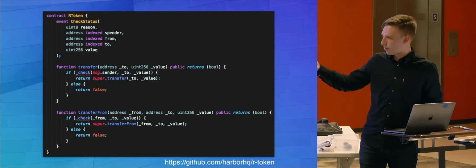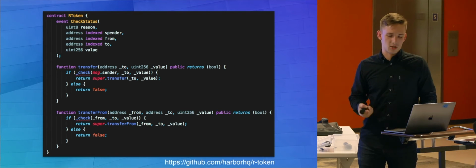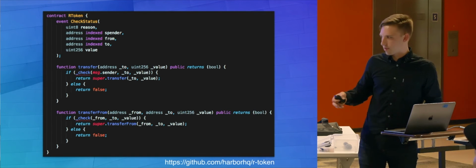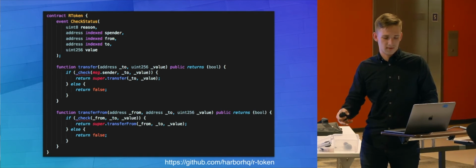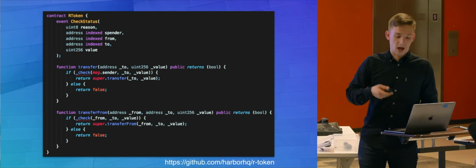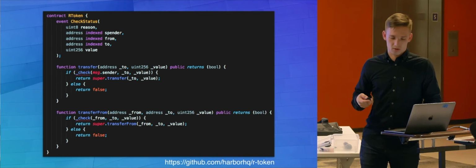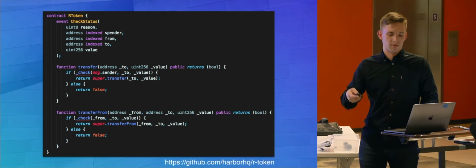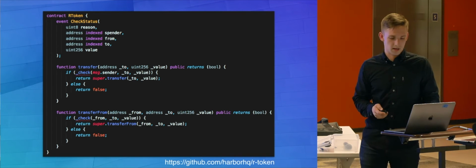They simply return false and emit a check status event. This is somewhat of a deviation from how I just mentioned the community at large handles transfers, but it is how this ERC-20 standard defines doing your transfers. But again, people generally favor reverting the function and showing failure on chain.